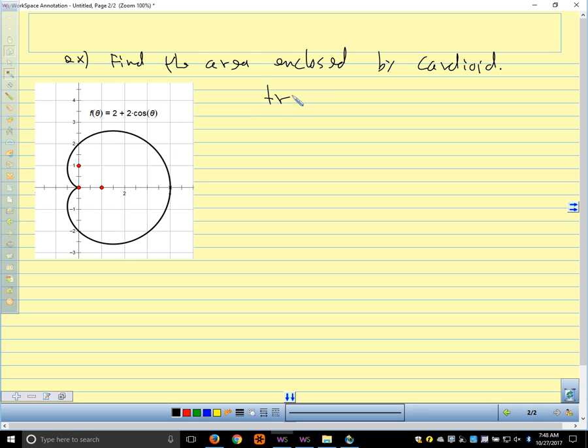So this is traced once between 0 and 2 pi. I'll write as a note: see by solving 2 plus 2 cosine theta equals 0.